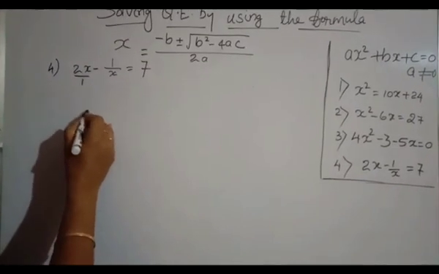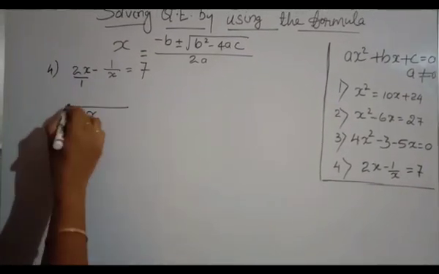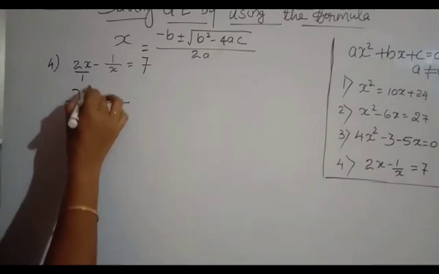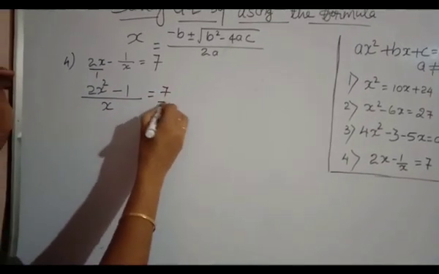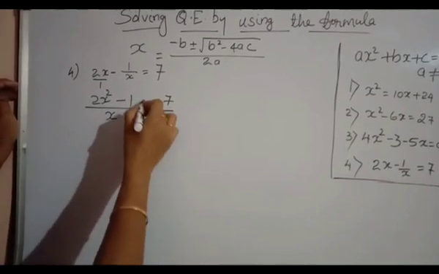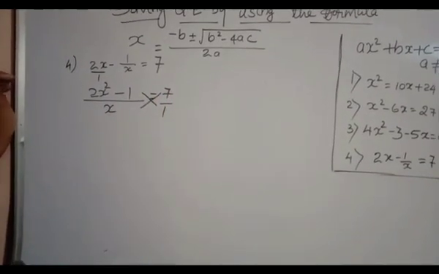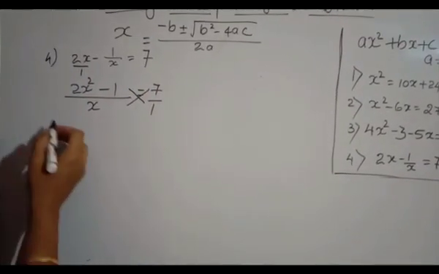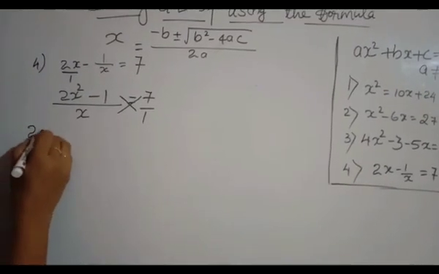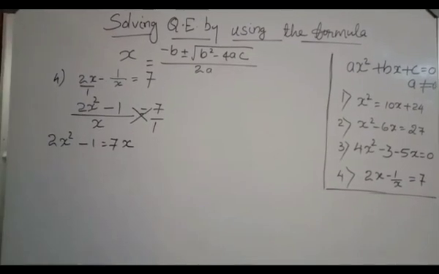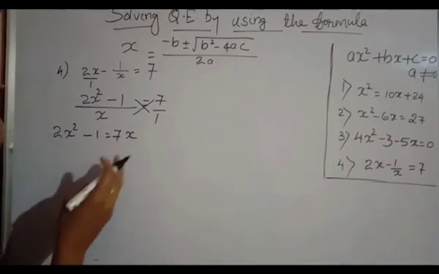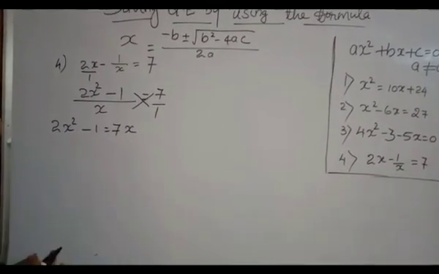So this will be (2x squared minus 1) upon x is equal to 7. Here we have to cross multiply these two terms and get a new expression, that is 2x squared minus 1 is equal to 7x. Now rearrange the terms and bring it into the standard form.